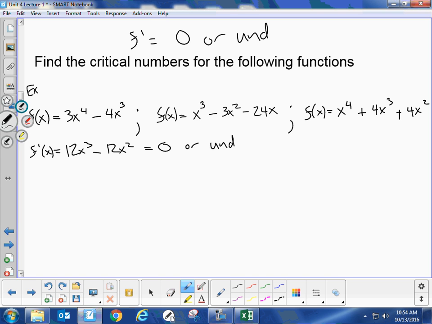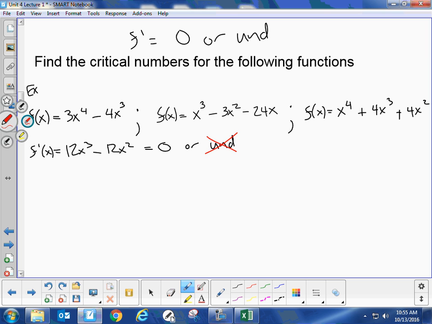For a lot of these, we will find that it won't matter. Like for this one, this doesn't matter. Why not? There's no denominator, right? We're going to be undefined when our denominator equals 0. In this situation, no denominator. It'll never be undefined. So we can ignore this.